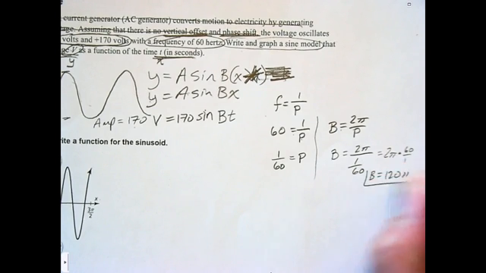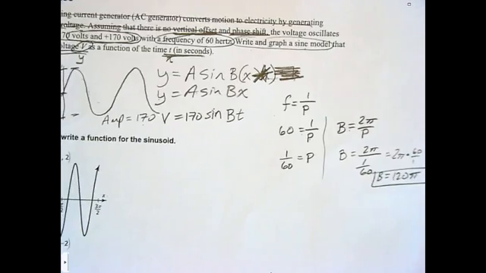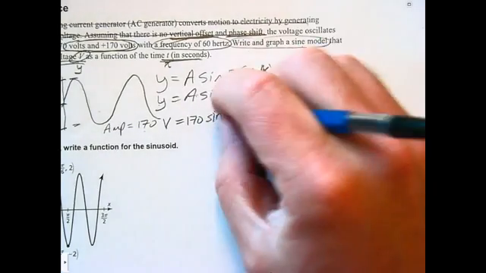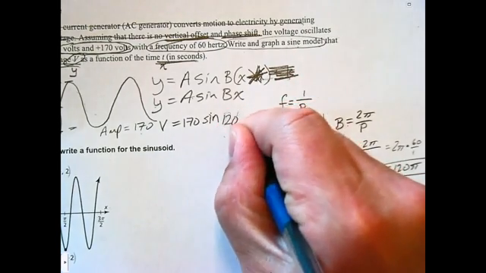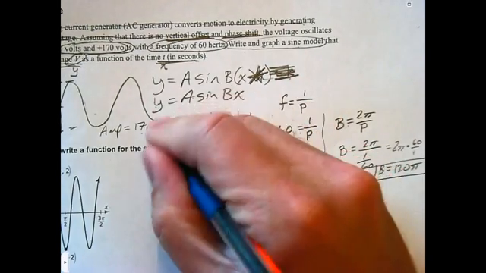So B is 120 pi. So we'll get rid of the B here now. We will call it 120 pi t.